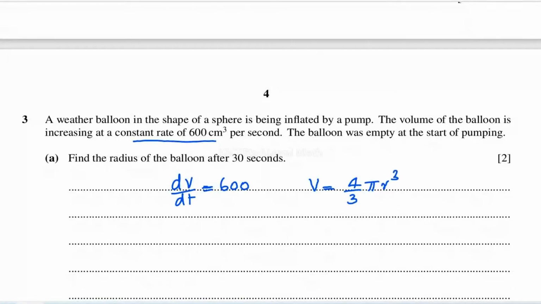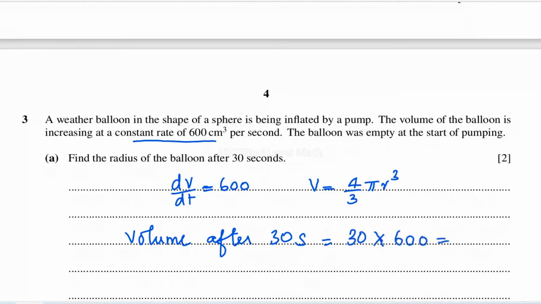Volume after 30 seconds is 30 multiplied by the rate of increasing per second, which is 600.